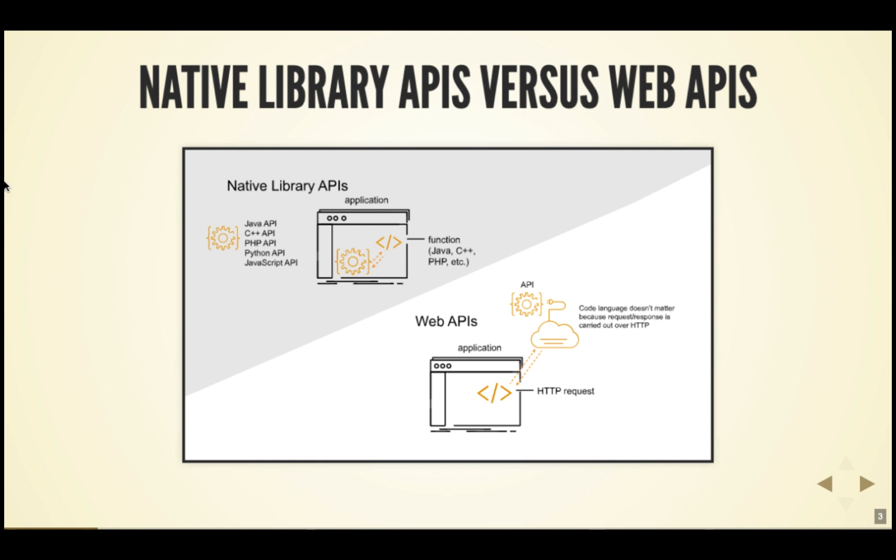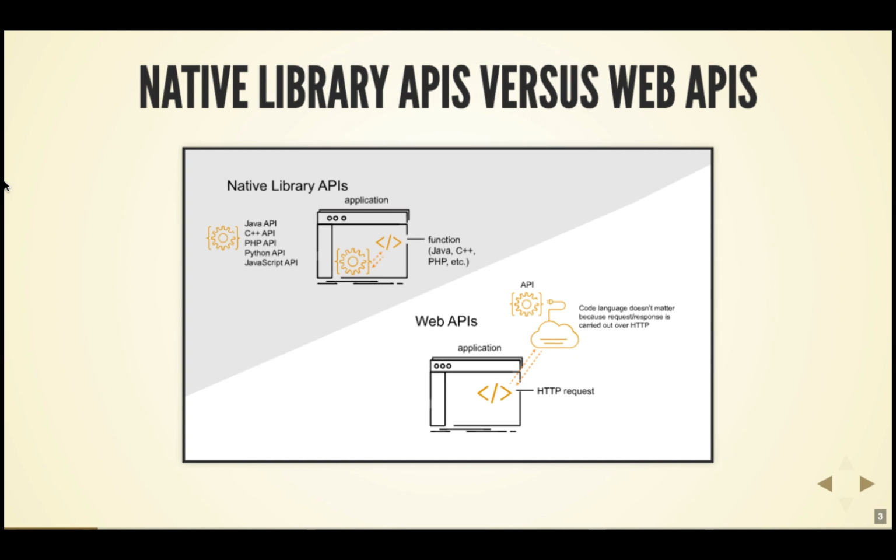You give them a jar file or some other file that they then integrate into their code, and then they can call the functions in that file and use it, and it gives them more capabilities, right? That has been the traditional type of API for many years. Java APIs, C++ APIs, they're all language specific. In order to work with those APIs, you have to pretty much know that programming language in order to call the functions and other classes in that type of API.